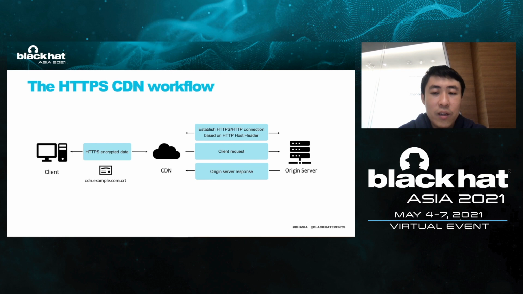After establishing the connection with the cdn.example.com certificate, the client sends HTTPS encrypted data to the CDN server. The CDN server decrypts the data and routes the request to the origin server based on the HTTP host header.